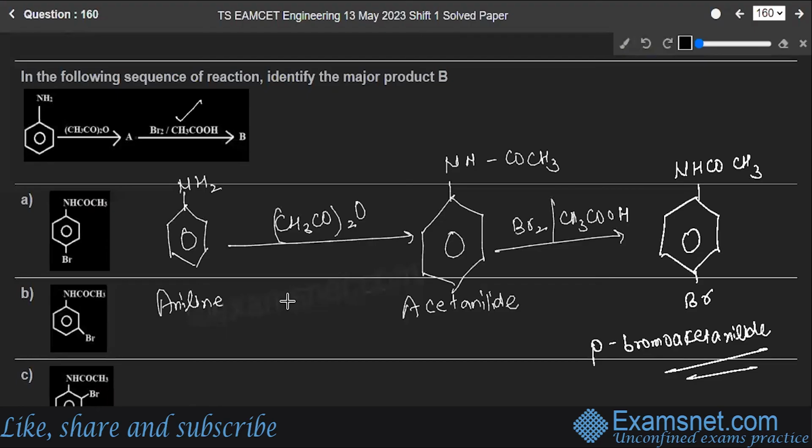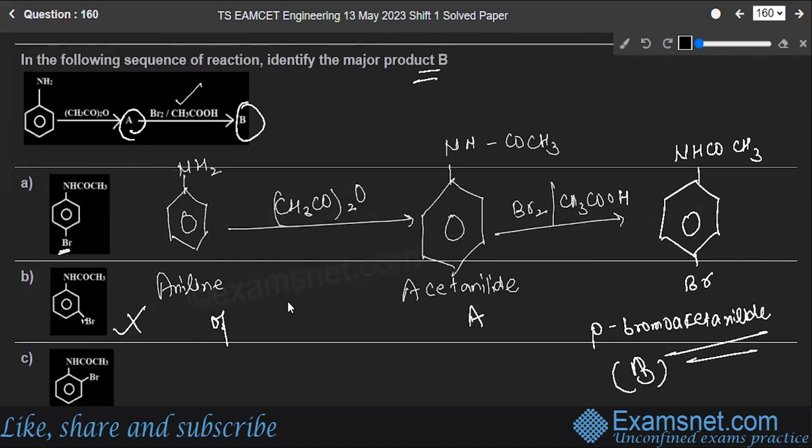So this is your A, and B is this. What you had to find out, the major product B, is this option. Sorry, no, the bromo group is over here, not over here, not here. Let's check with the rest of the options also. I have option A as the correct answer.